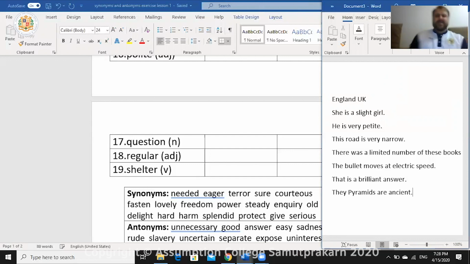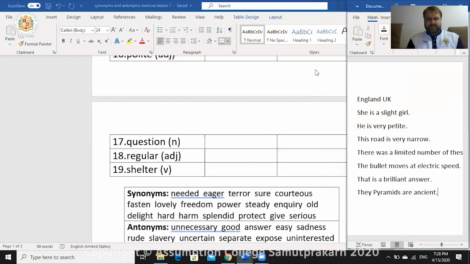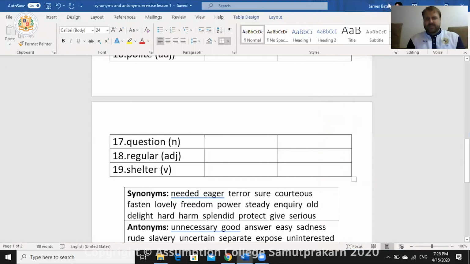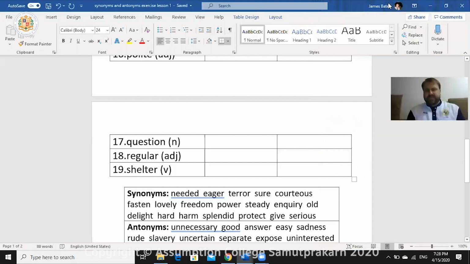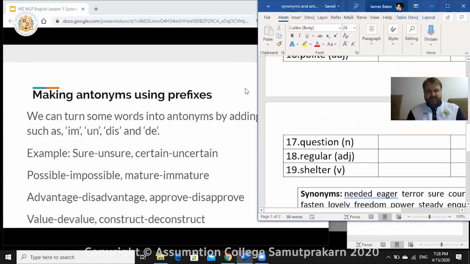What do you think that means? The pyramids are ancient. So, have a guess. What do you think it means? I think you know what it means. It means very old, right?